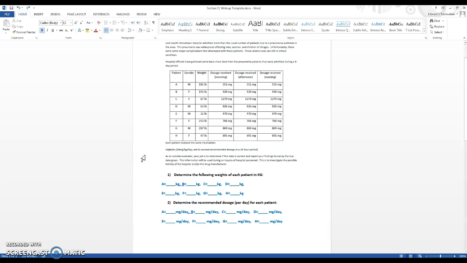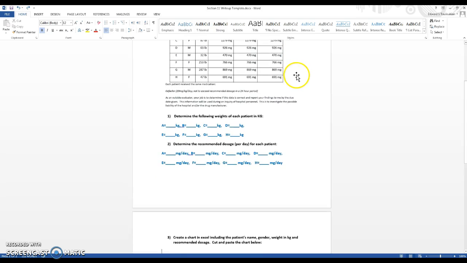So here's the idea. You're looking at the dosages and analyzing them to see were they given the right amount, and what do you think the reason is that these people are getting sick or staying sick, not getting better. Basically, we need to figure out how much drug they should get.